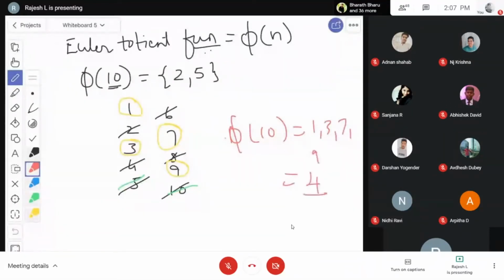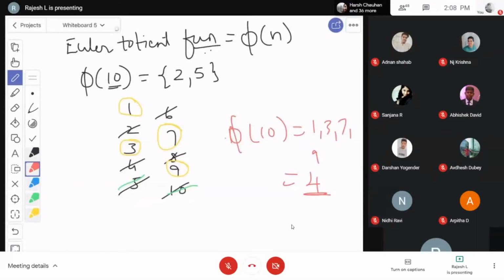So this is nothing but the Euler totient function of 10. If you say the Euler totient function of 10, you get 4 values. These 4 values are the remaining count that has not been crossed out by these two factors.